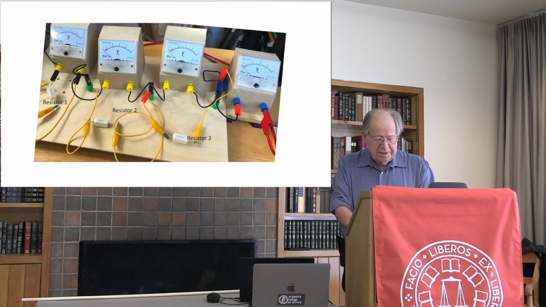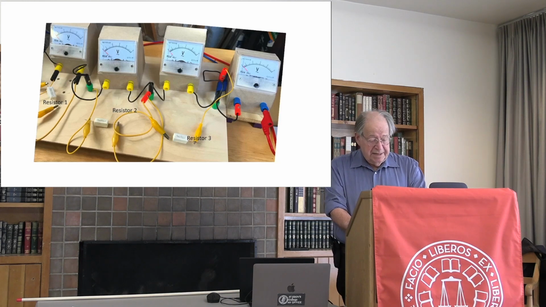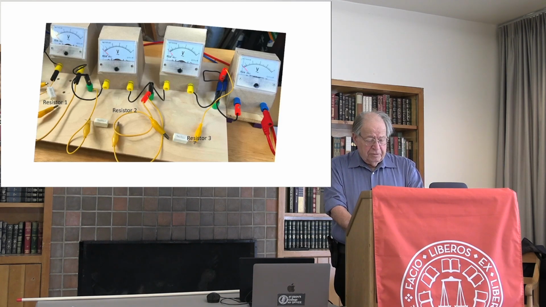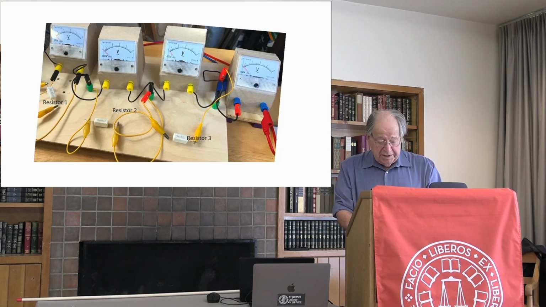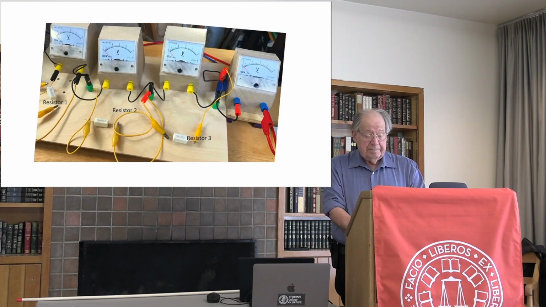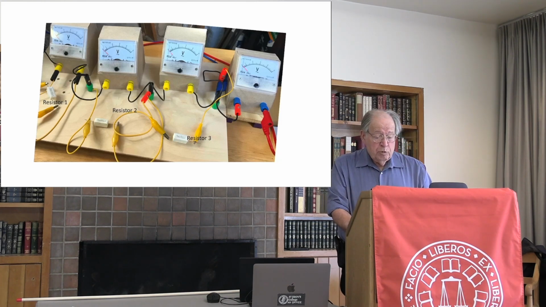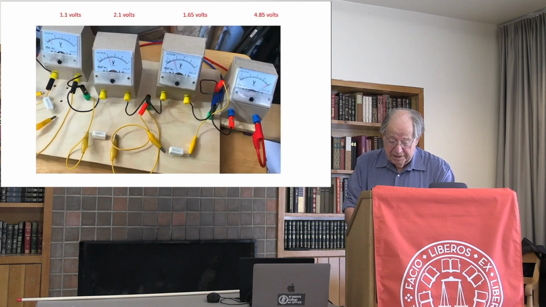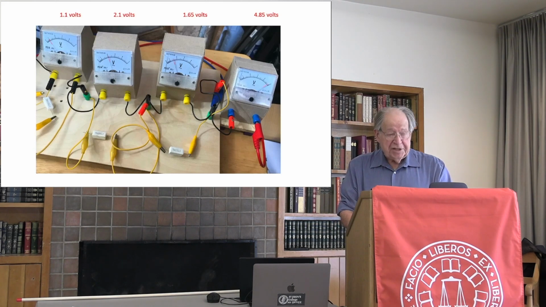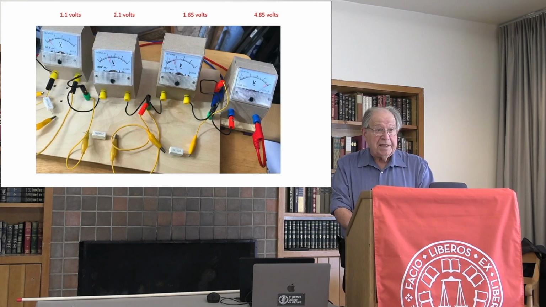Here are 3 resistors connected end to end across the generator terminals. As the photograph shows, I have a voltmeter connected across each resistor, as well as a 4th voltmeter across the combination. When we energize the combination, the voltage across all 3 together does indeed equal the sum of the 3 voltages separately.